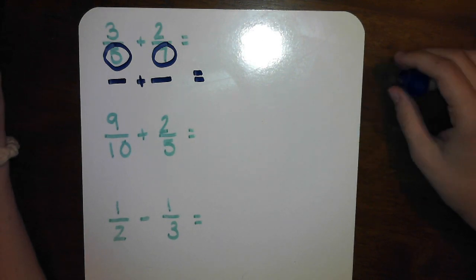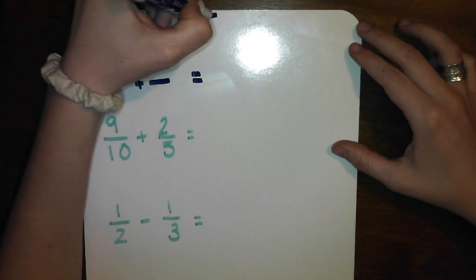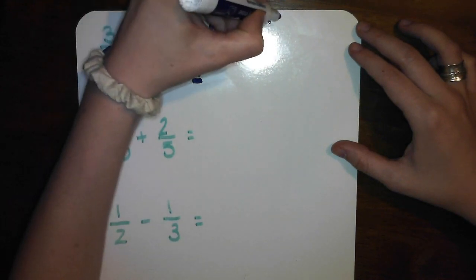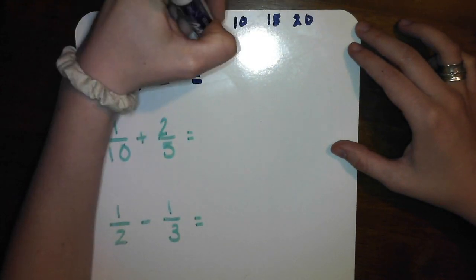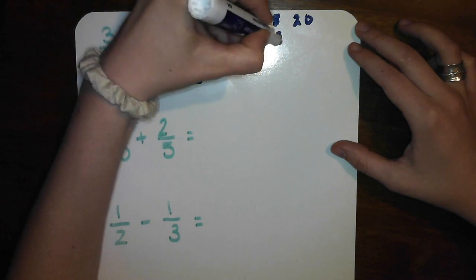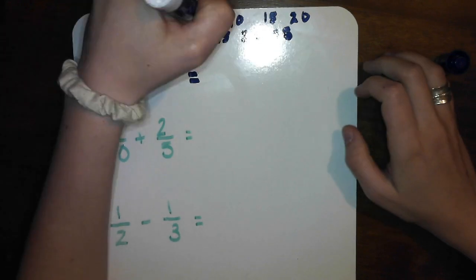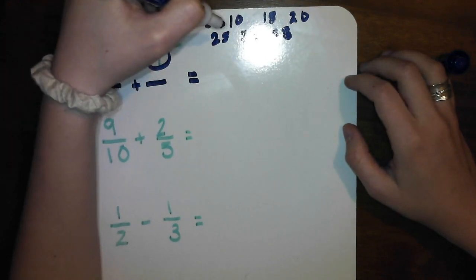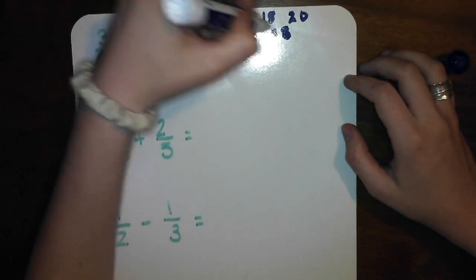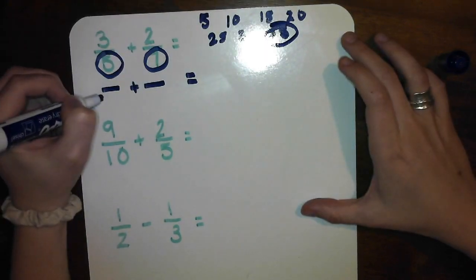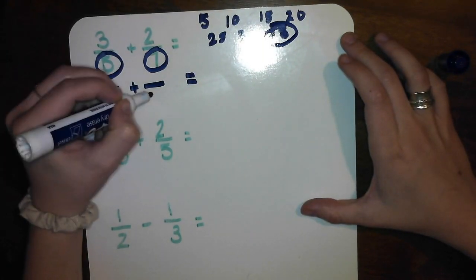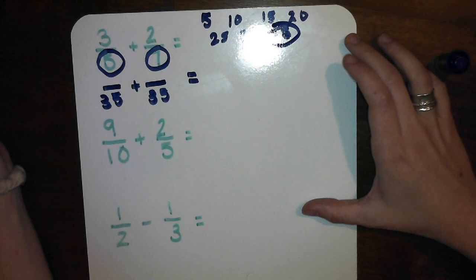That's the smallest. So for 5s, I have 5, 10, 15, 20, 25, 30, 35. When I skip count by 7s, 7, 14, 21, 28, 35. So 35 will be my common denominator.